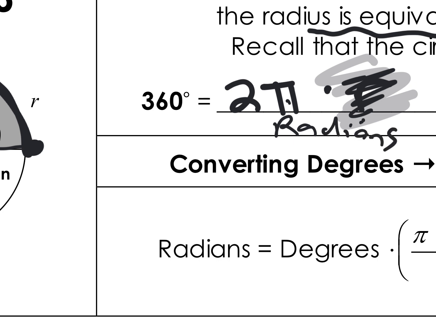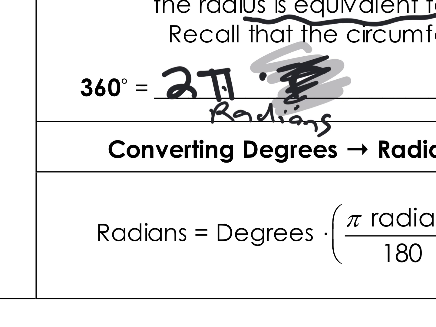If the radius is 1, and that's what we always go by. Whatever radius we have, it's 1 unit, we say 360 degrees is 2 pi radians. Radians doesn't have a symbol. It's the word radians.